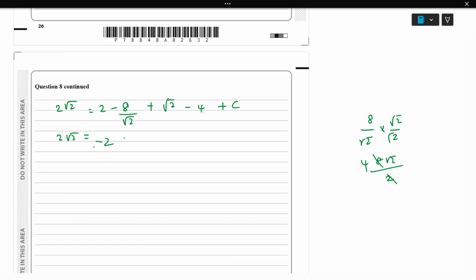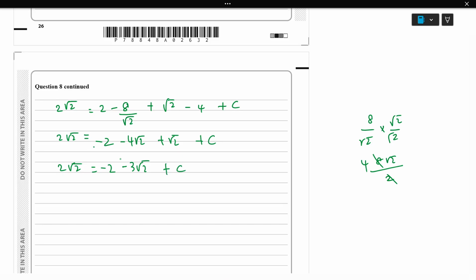So we can write this part as minus 4 root 2 plus root 2 plus c. So now 2 root 2 equal to minus 2 minus 4 root 2 plus root 2, equal to minus 3 root 2 plus c.